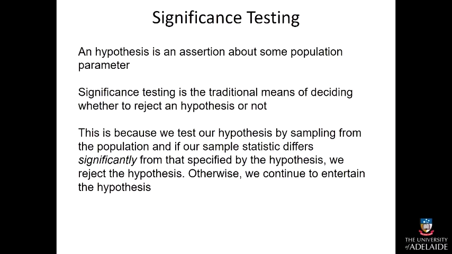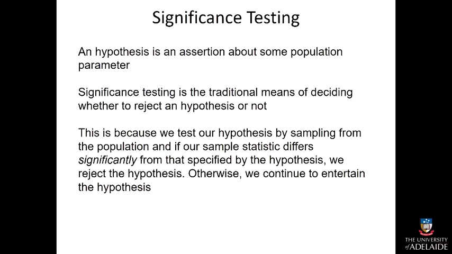And what we do to test our hypothesis is that we sample from the population that we're interested in. If we were able to measure what we were interested in on every individual in the population, then we wouldn't need statistics. The reason we need statistics is because generally we can't do that.